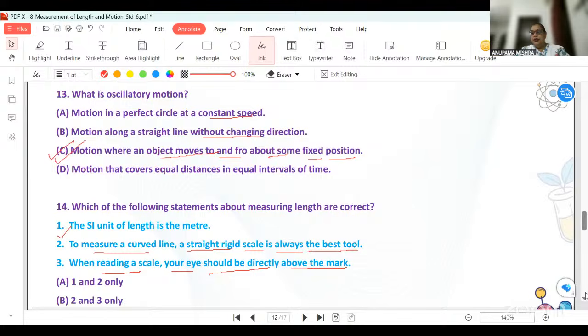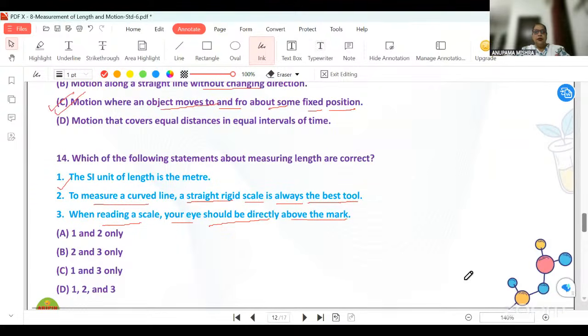So which one do you think is correct? The SI unit of length is the meter. That one is correct or not? To measure a curved line, a straight rigid scale is always the best tool. So this statement is true: the SI unit of length is the meter. And when reading a scale, our eye should be directly above the mark. These two are correct. So 1 and 3 is the correct answer. That means C is the correct answer.